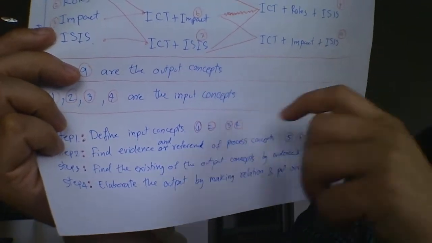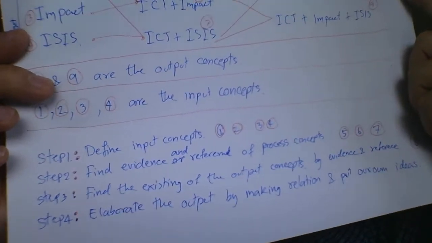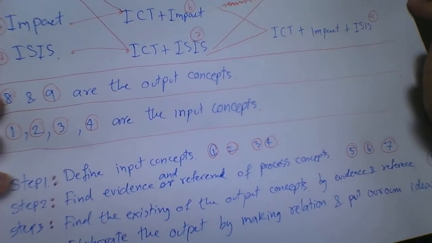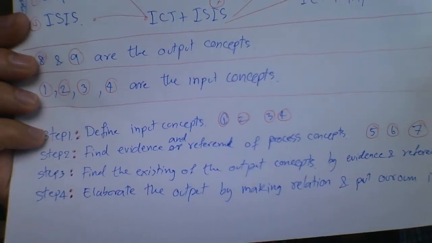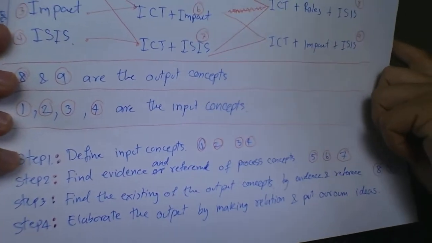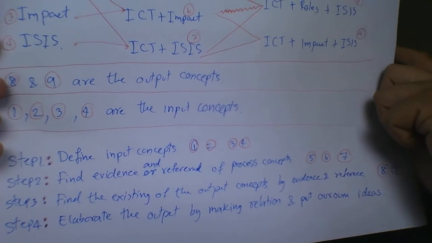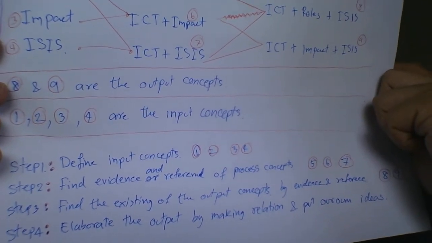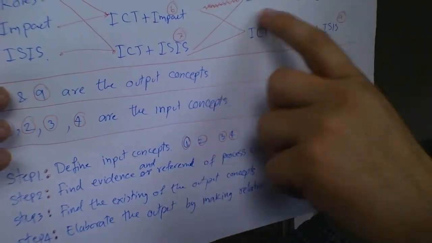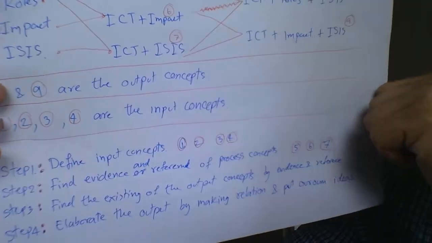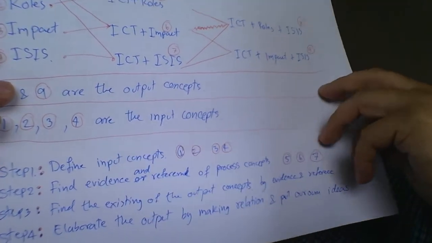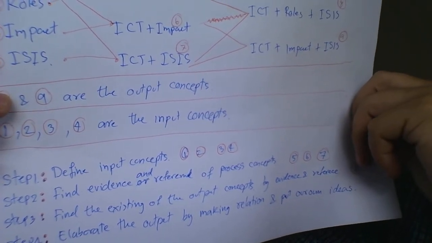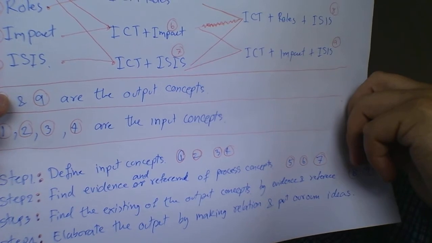The first step, you have to define the input concepts: 1, 2, 3, and 4. Step 2, you have to find evidence or references of the process concepts, here number 5, 6, and 7. Do they already exist or not? Is there already a concept about the roles of ICT?